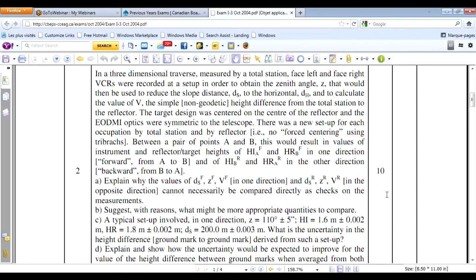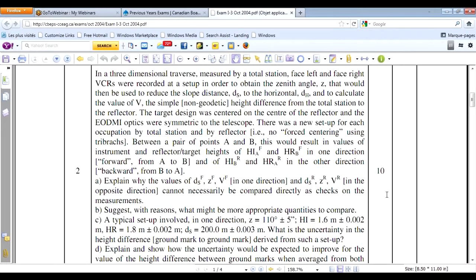And you have different heights of instrument and different heights of reflector at the two occupations. So if you take the slope distance from A to B compared to the slope distance from B to A, or the zenith angle at A to B, or from B to A, or the right triangle that's created opposite the slope, they won't be the same.